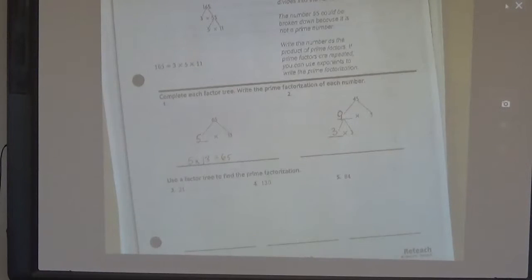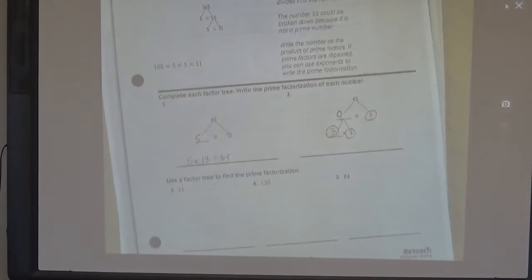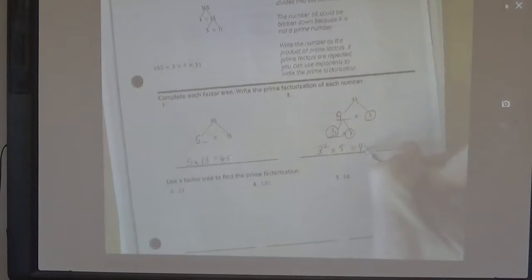Now, we have to write the formula, but only use the prime numbers, so I'm circling the prime numbers. Now, instead of writing 3 times 3, what's a shorter way to write 3 times 3? Ethne? 3 squared. Yep, 3 to the second power. So write 3 times 3 as 3 squared times 5, and that equals 45.